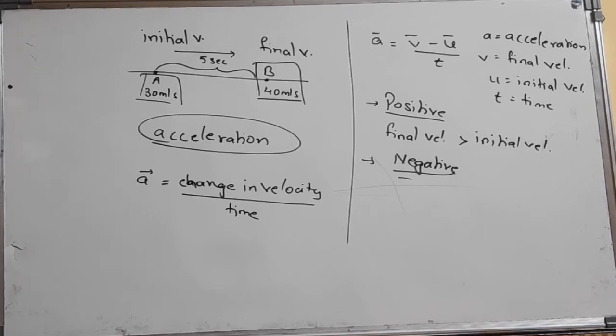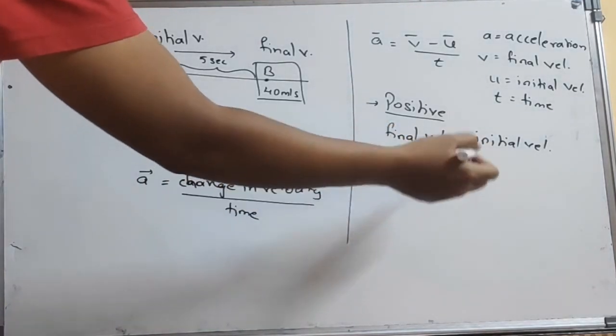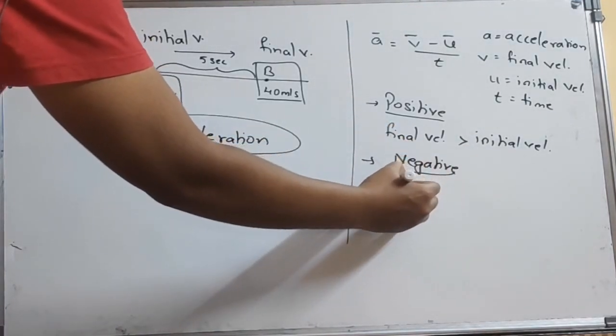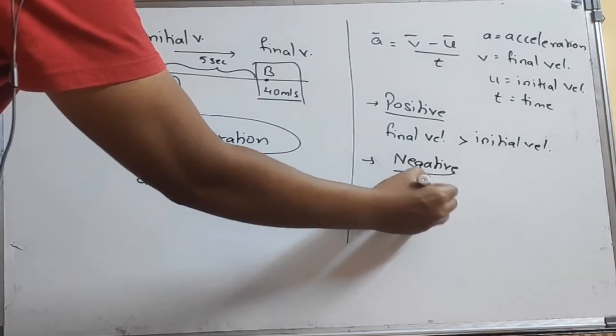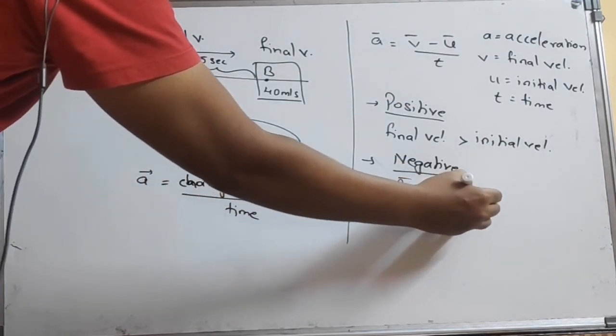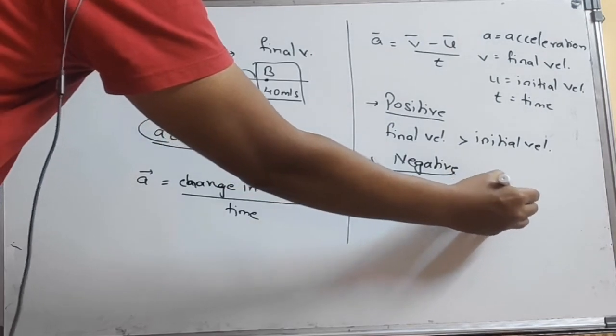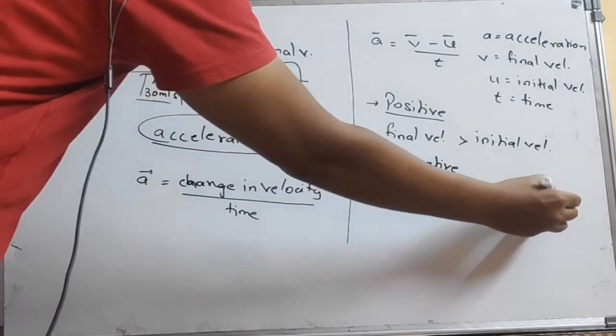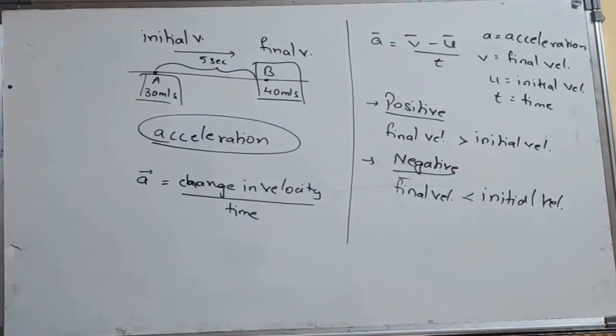So when there is negative acceleration, the speed or the velocity of the object decreases. Okay, so in negative acceleration, the final velocity is less than the initial velocity.